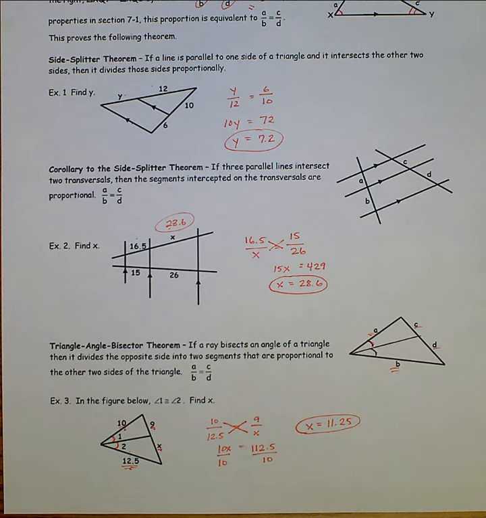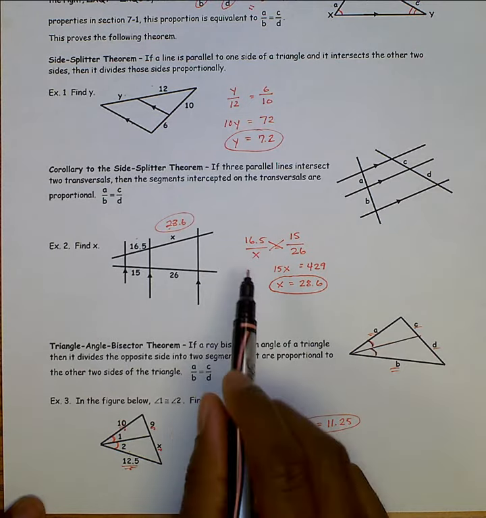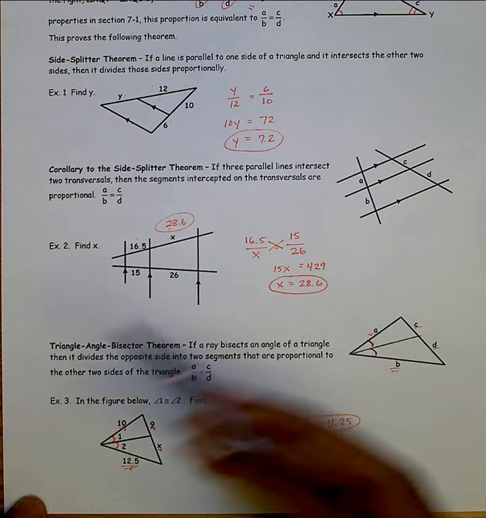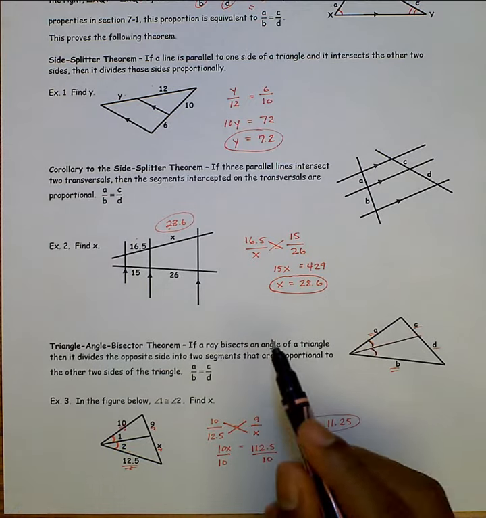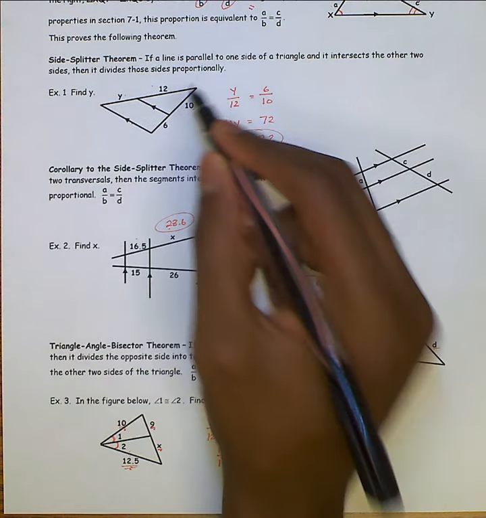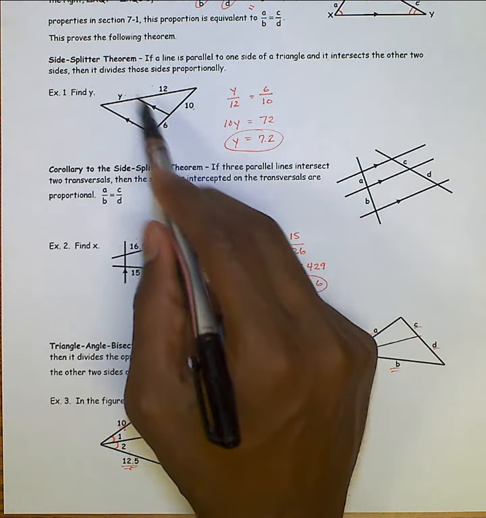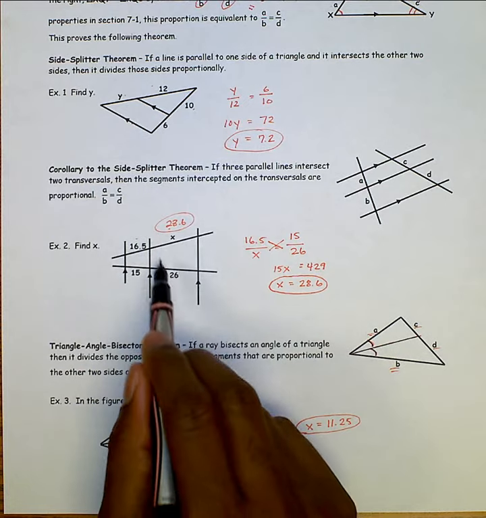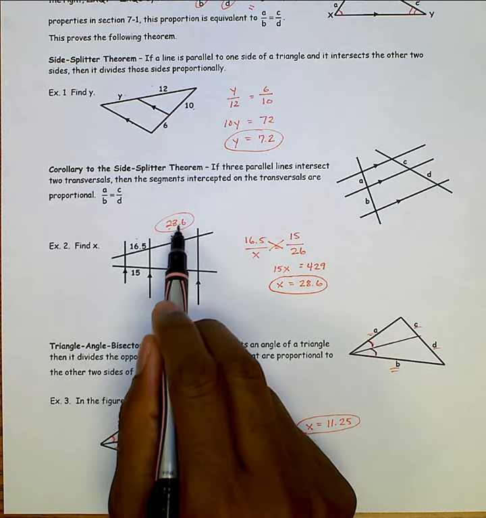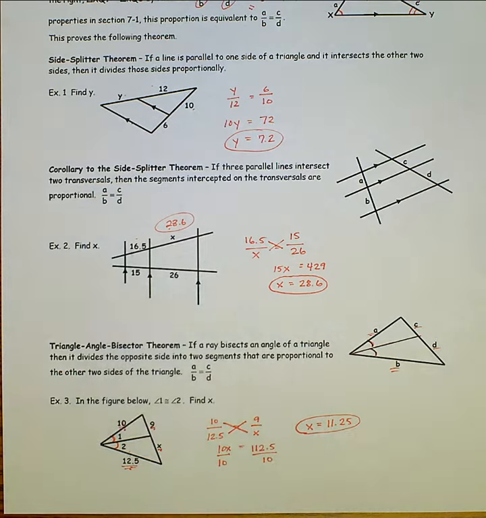Same thing that we have to do up here with these other two triangles. 12 is larger than 10. I should realize that this should be larger than 6. 26 is larger than 15. I should realize 28.6 should be larger than 16.5. Just a common sense check that you can use to make sure that your answers make sense in the end.